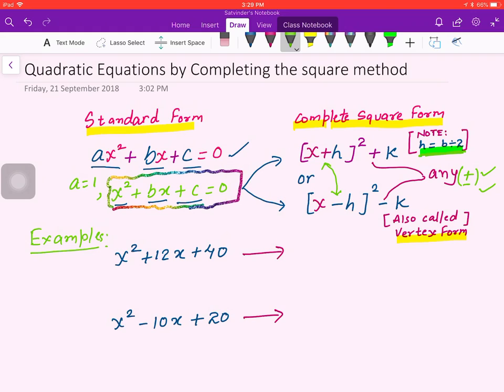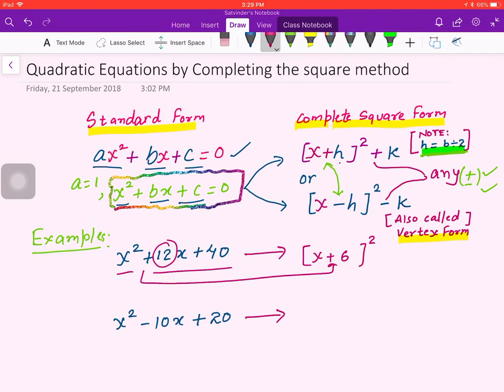So let's take these two examples. I have x square plus 12x plus 40. Because it is plus, I will also write plus here. And because it is h, half of 12 is 6, and then square. Now what should we write here, plus or minus?